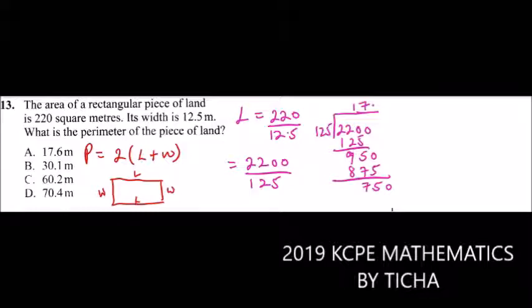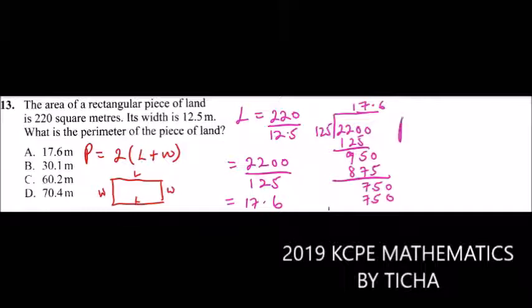So we have a point, and this will fit onto this 6 times. 6 times 5 is 30. Carry 3, 12, 15, carry 1, 6 times 1 is 6, plus 1, you get 7. So the length is equal to 17.6. Once you get the length, then you can get the perimeter.